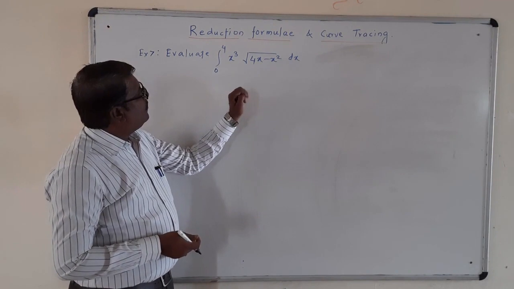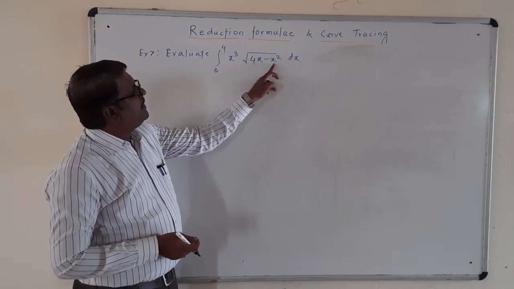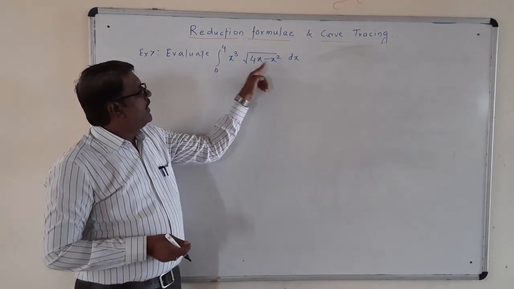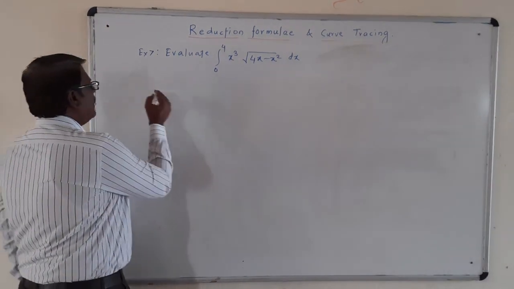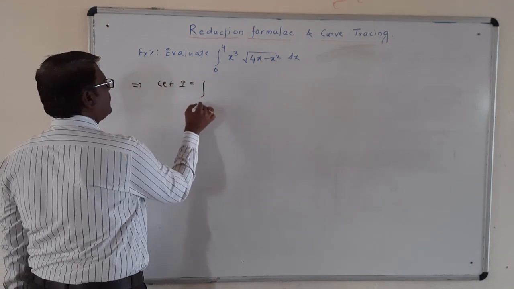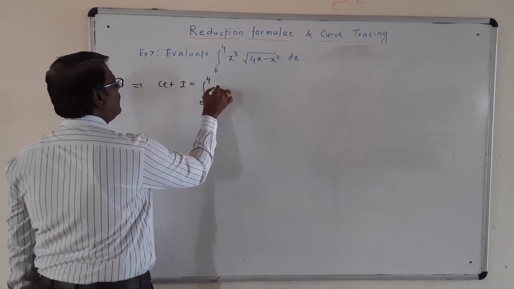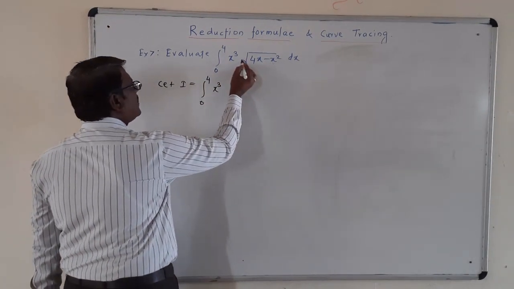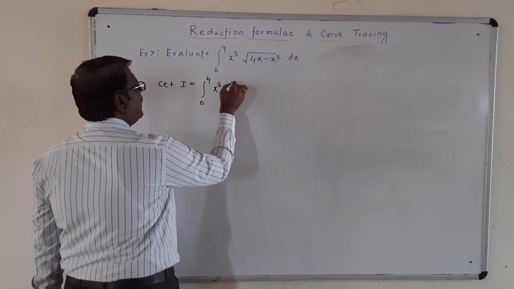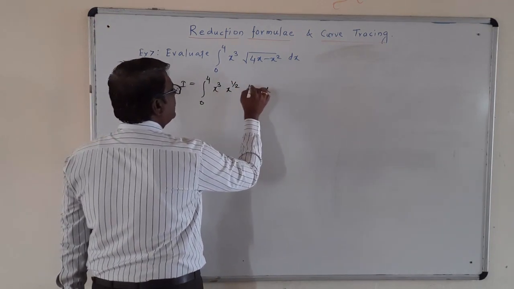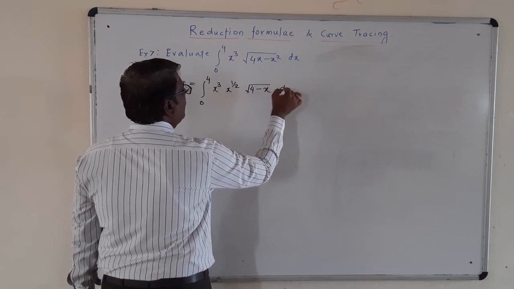Now what I will do, this 4x minus x square, as both terms contain x, I will take x outside first. So let I is equal to integration 0 to 4 x cube. Now if I take x outside of the square root, it will be x raised to half into root of 4 minus x dx.